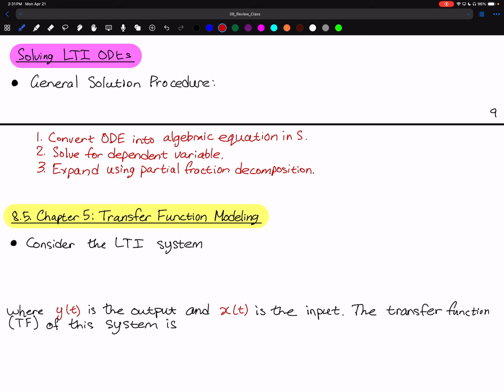And then lastly, we're going to want to compute the time response using the inverse Laplace transforms.